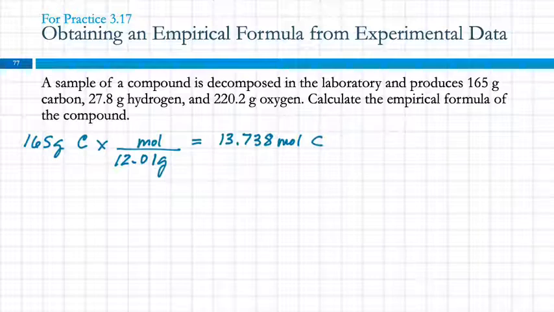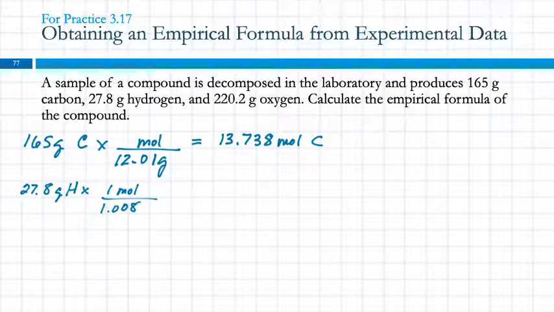I have 27.8 grams of hydrogen. I'm going to convert that to moles. 1 mole of hydrogen per 1.008 grams of hydrogen. 27.579 moles.